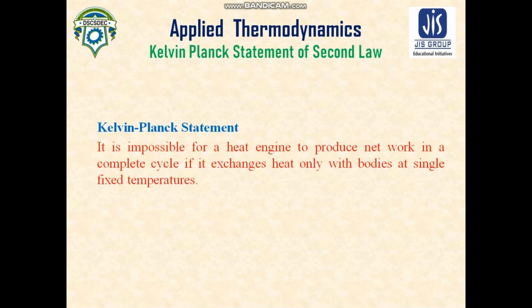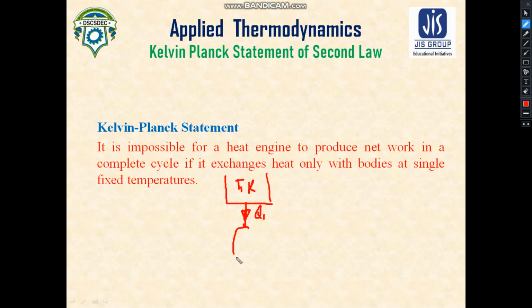Okay, so if we draw a heat engine, it will help you to understand in a much better way. So let us take this as the source, which is maintained at a temperature T1, and it is taking heat Q1 from the source.